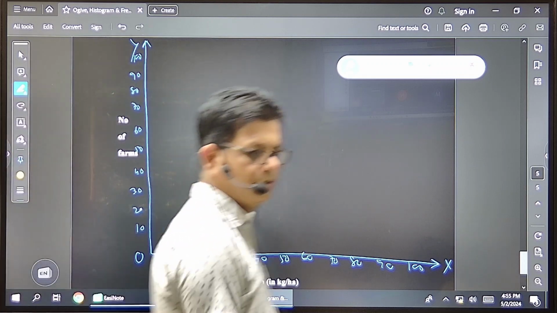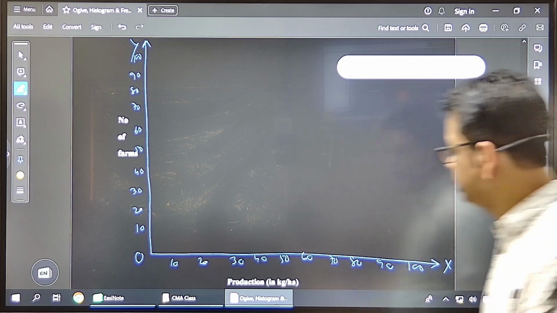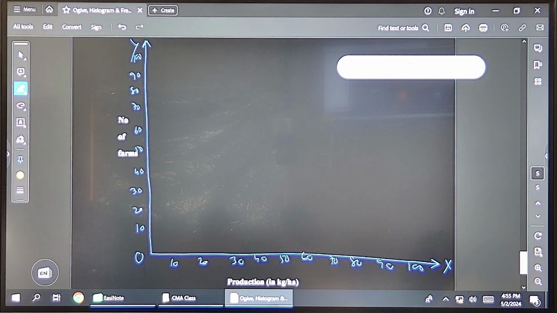Okay. Can you plot? Roughly only, plot it. See the graph. Make the graph, all of you.